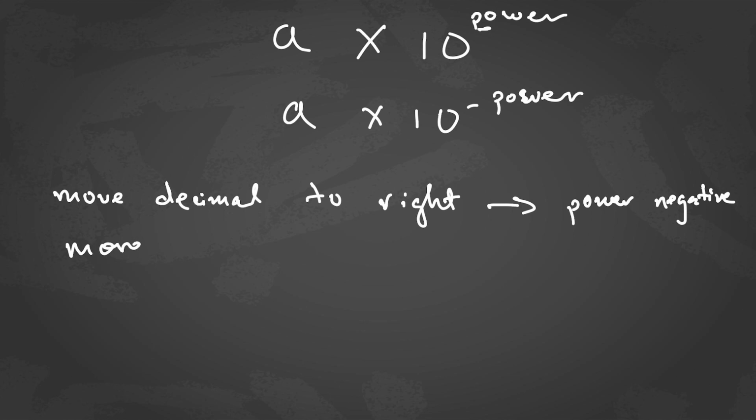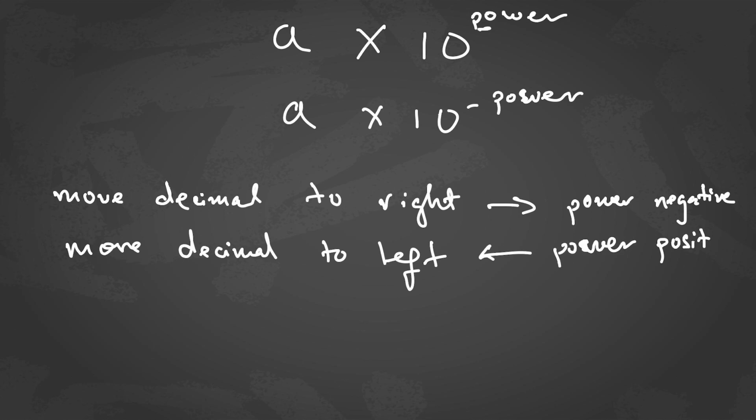If we move the decimal to the left, then it means that our power has to be positive. So as you can imagine, we have to keep track of the power, because that gives us a sense of how big or small our number is.